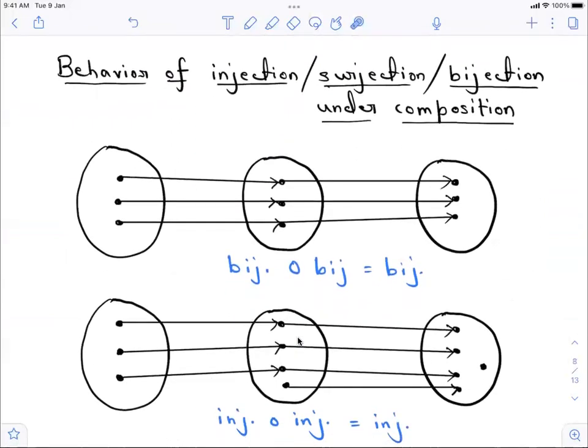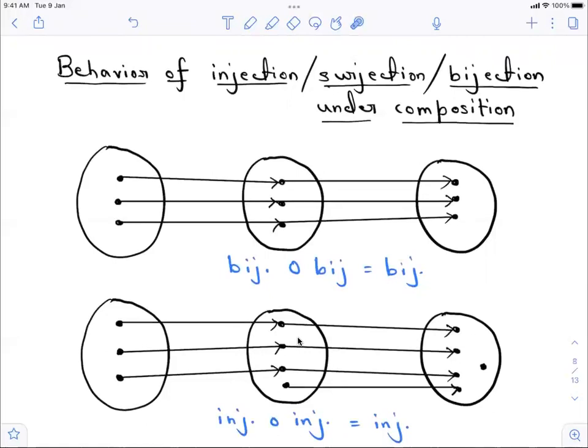So it's also interesting to study the behavior of different types of functions under composition. First of all, composition of two same kind of functions gives you a similar kind of function. For example, composition of two bijectives gives you a bijective.